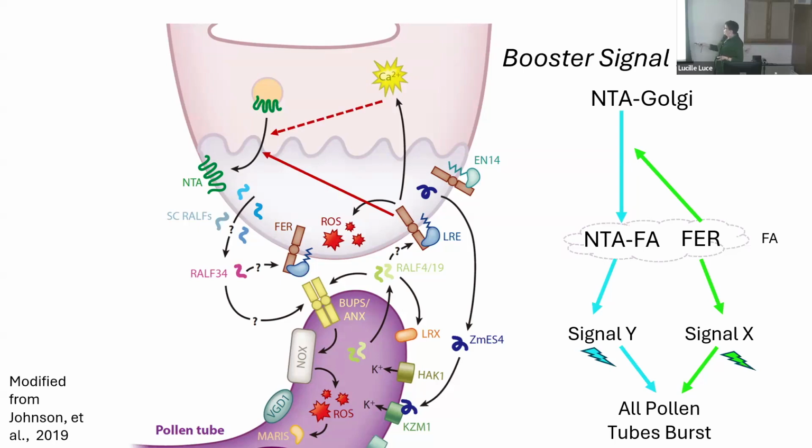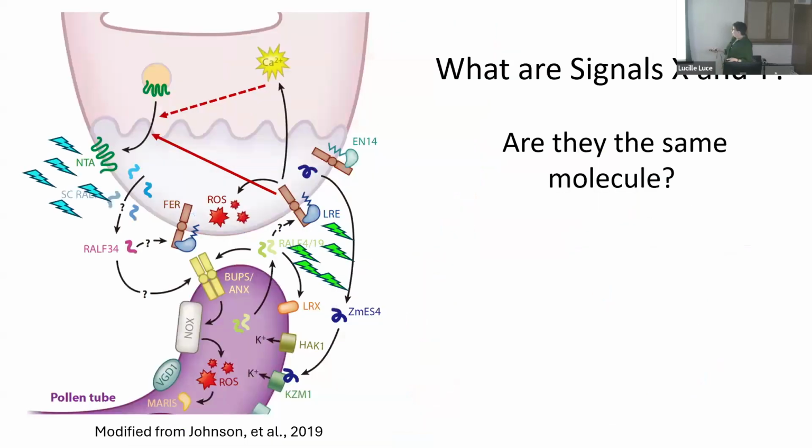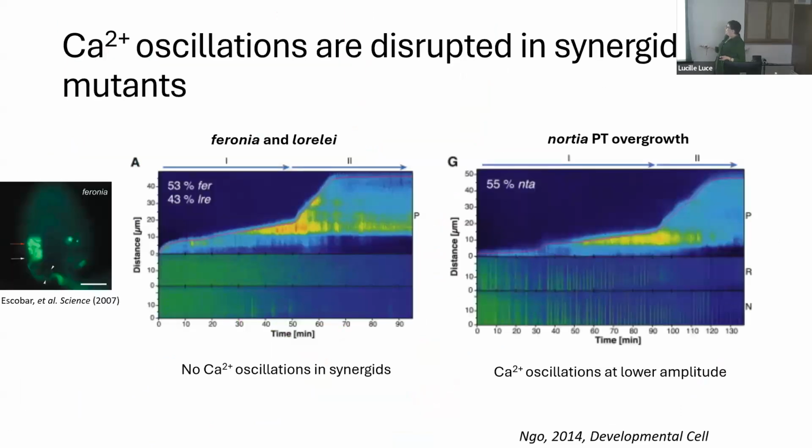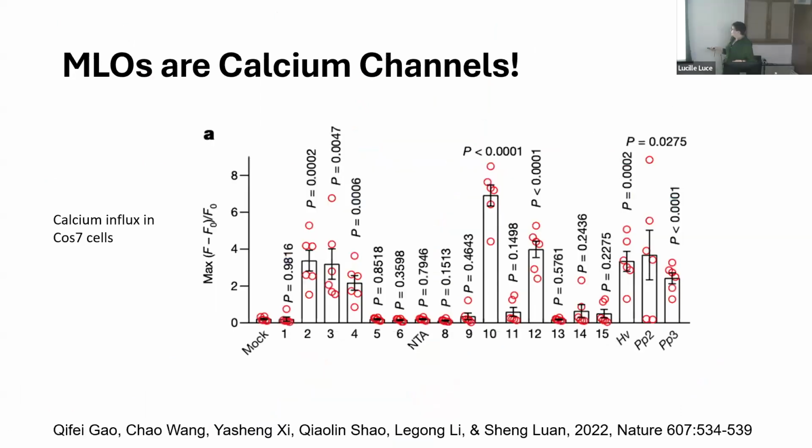And somehow we also think that Feronia, either by increasing calcium, leads to this trafficking, or it's directly somehow intersecting and causing Nordia trafficking. Okay, so the question was, what are signals X and Y from Feronia and Nordia? Are they the same molecule? And for this, we and others went back to this observation that in Nordia mutants, the calcium oscillations occur at lower intensity.